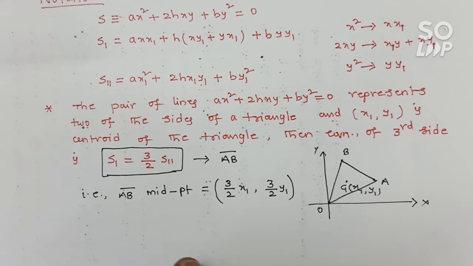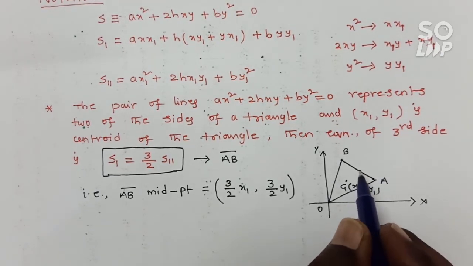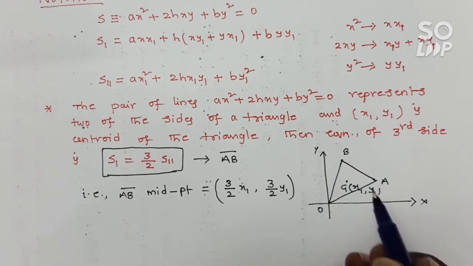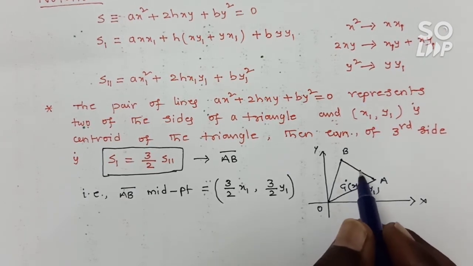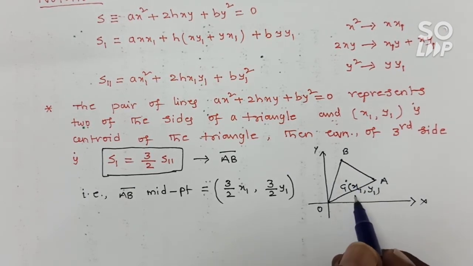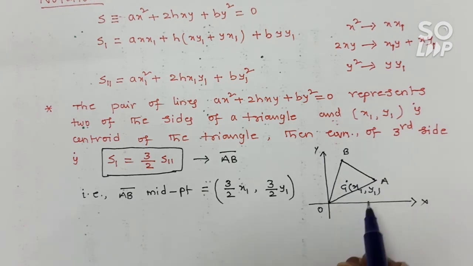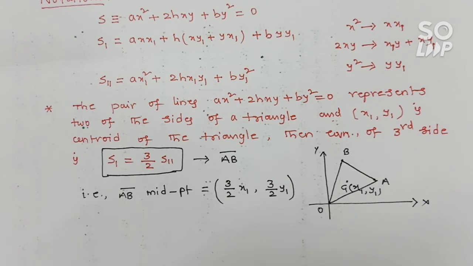Suppose I directly give x1 comma y1 as the midpoint of the third side, then what will be the equation of the third side? See the next formula.